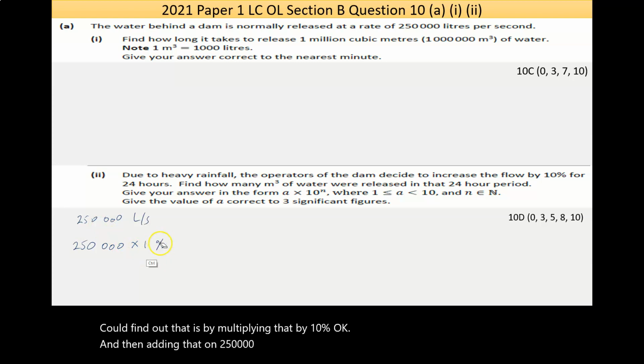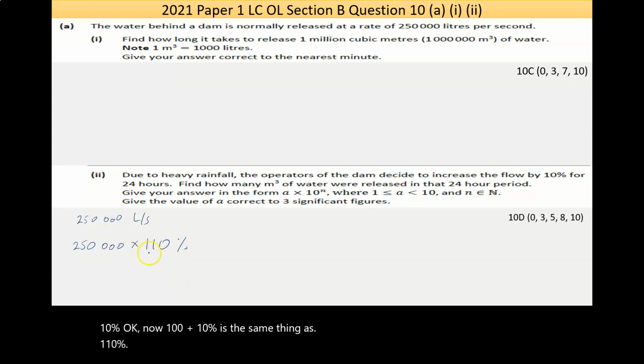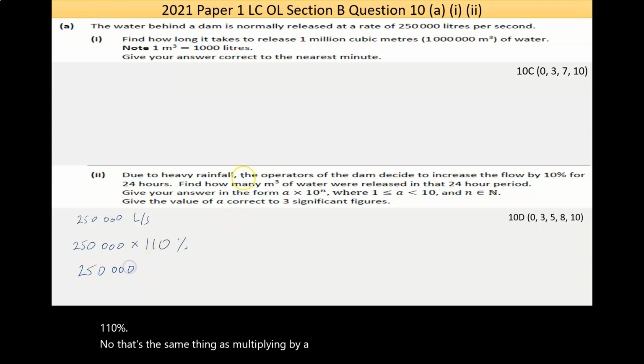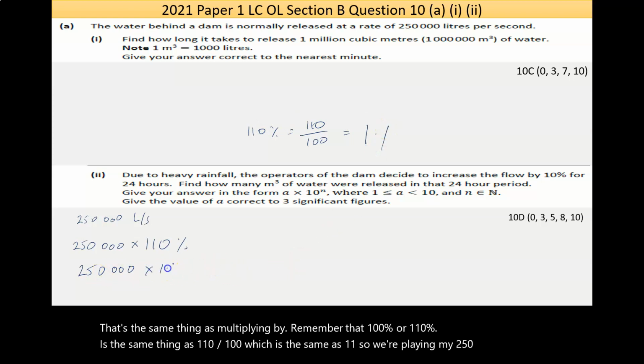Or, what I prefer to do here is multiply that by 110%, because 100 plus 10% is the same thing as 110%. That's the same thing as 110 over 100, which is the same as 1.1. So multiplying 250,000 by 1.1.